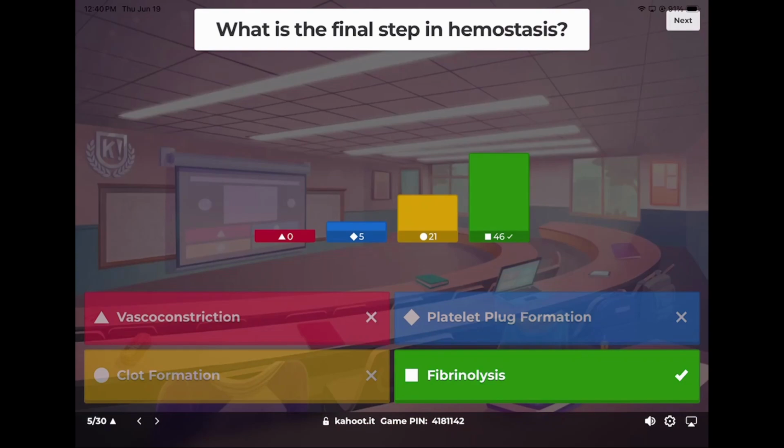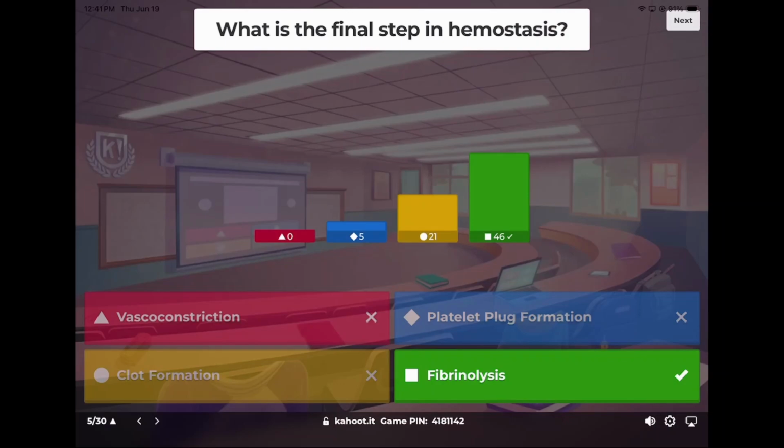What must all clots do at the end? Break down. Okay? Fibrinolysis is the final step. You have to break up the clot. It can't stay there forever. So that is part of the clotting process, the very, very end.